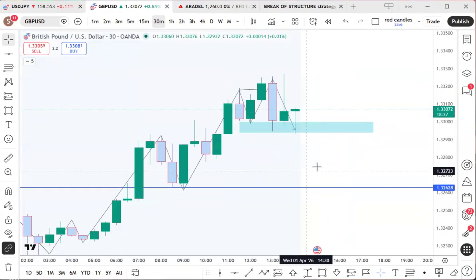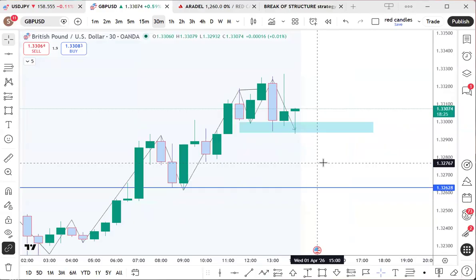I'll probably be more interested in euro pound JPY. Yeah, I think I'll be more interested in taking pound JPY than this one right now. Anyway, let's look at the last one.